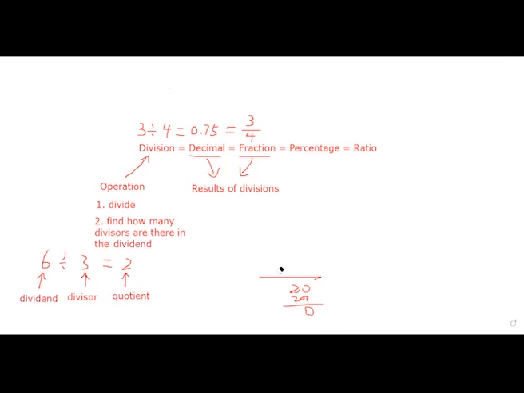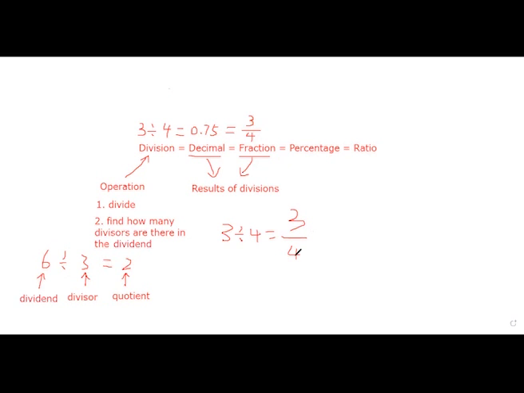But there is a much faster, much easier way. There's no calculation required. We just rewrite 3 divided by 4, and we get the answer instantly, right? 3 divided by 4, we put the dividend as the numerator, 3 over 4.